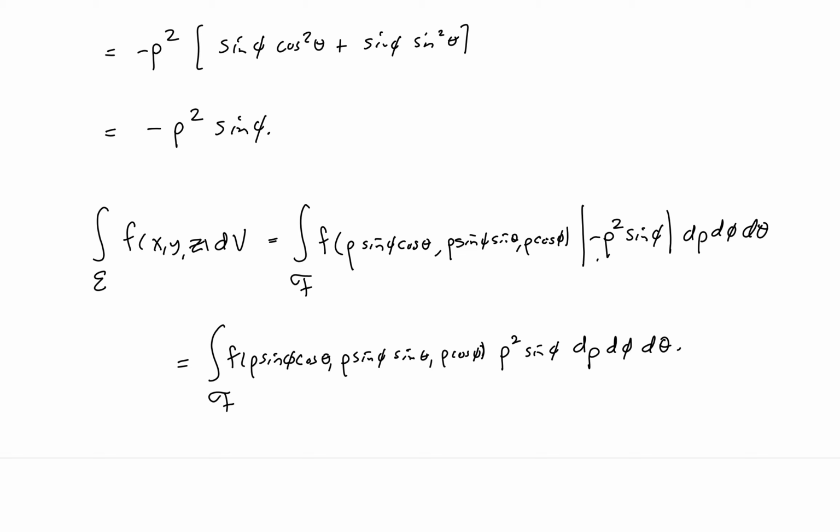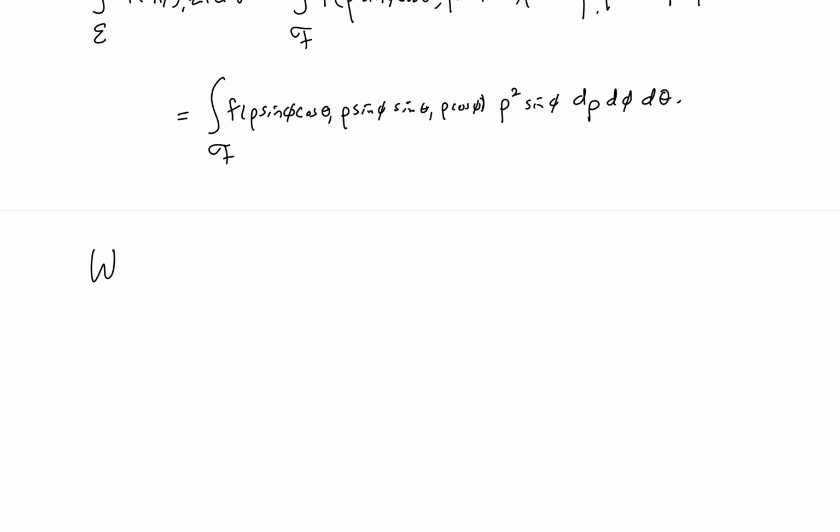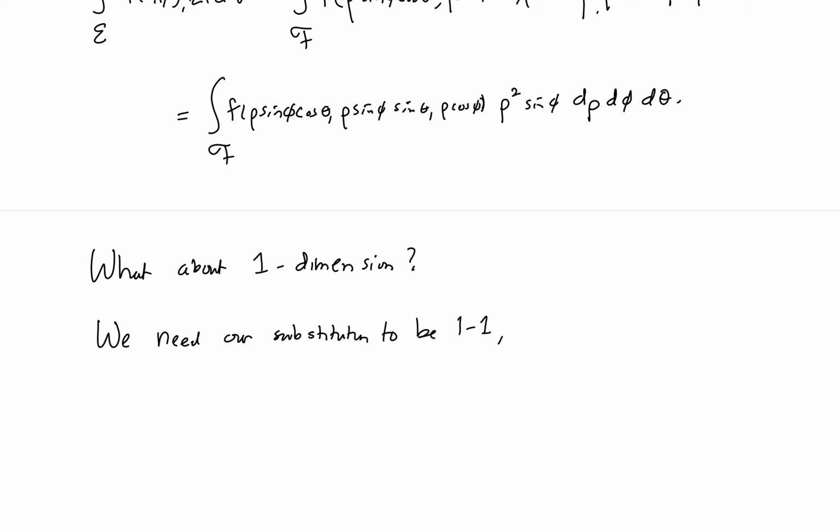Now, that shows how we do things in 2 and 3 dimensions. We might ask, well, what about 1 dimension? Right, so the case we were most familiar with from Calc 2, well, there's a few caveats here. Remember, we needed our substitution to be 1 to 1.